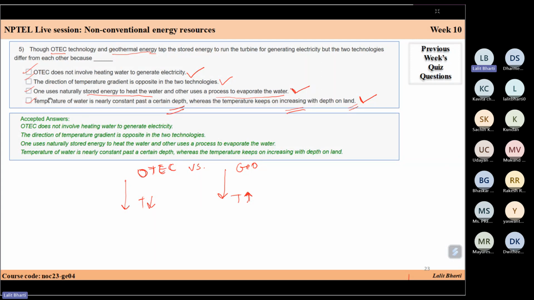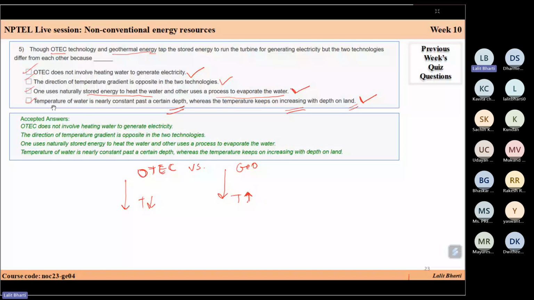Then the third one is one uses naturally stored energy to heat the water and the other uses a process to evaporate the water. Yes, that is correct, because in OTEC, you use the stored energy in terms of heat, because one is at high temperature and another is at lower temperature. And in geothermal, the evaporation of water is used, where you get steam after the evaporation of water.